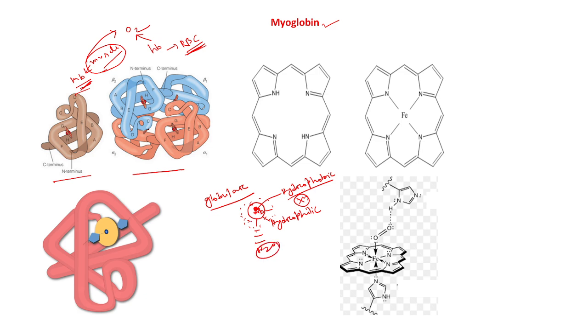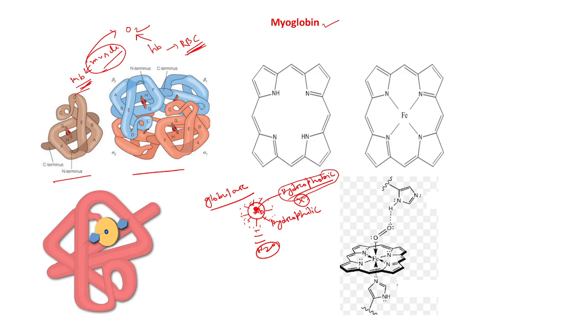So this is the structure of the myoglobin. Because it is a globular structure, the hydrophobic amino acids are found inside the myoglobin, and the hydrophilic amino acids are found on the outside of the myoglobin structure.